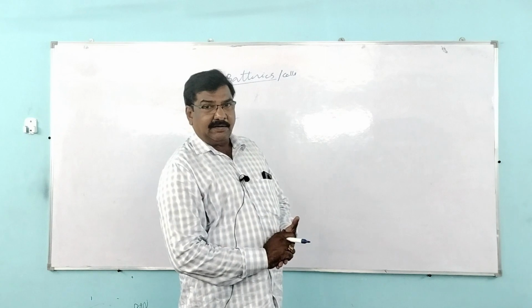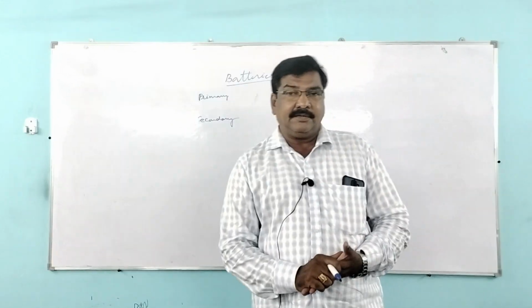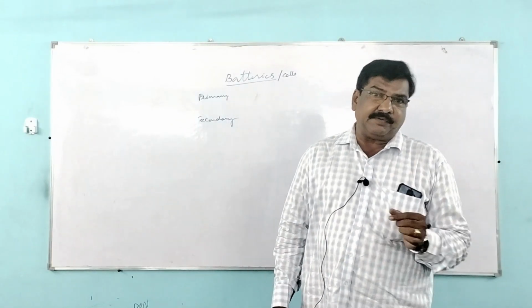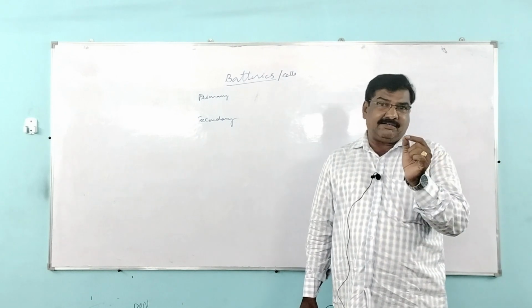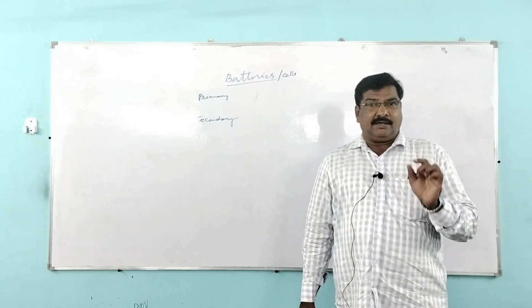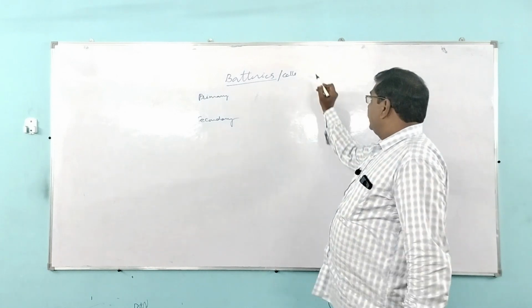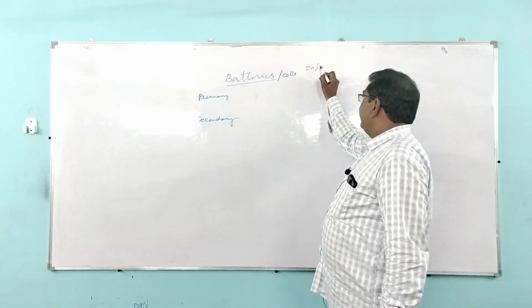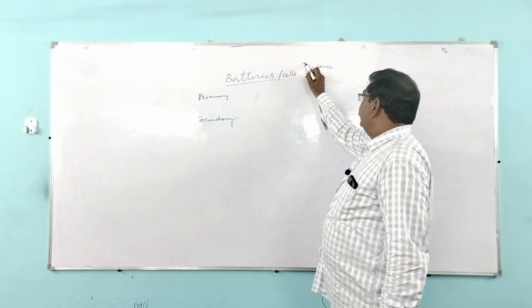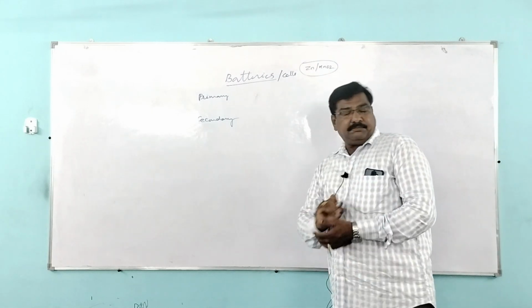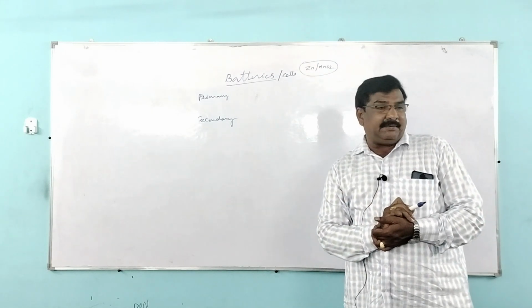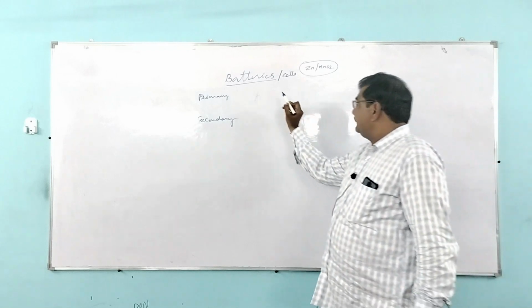The pen cell or dry cell is a modification of the Leclanché cell, which is a zinc-MnO2 cell. Its modification is a primary battery, that is, a dry cell.